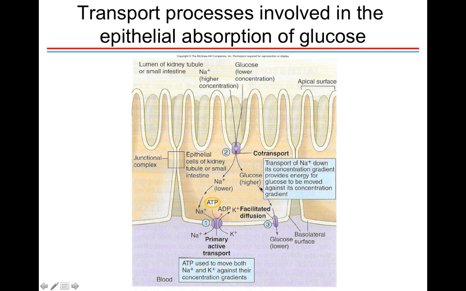So now a glucose facilitated diffusion transporter can allow the concentration gradient of glucose to drive facilitated diffusion, moving glucose without needing ATP from the cytoplasm of the epithelial cell into the bloodstream, and then from there it can be taken up by cells that need that energy.